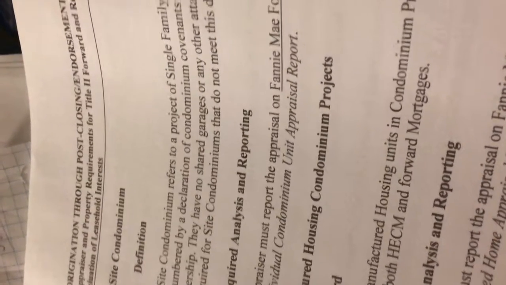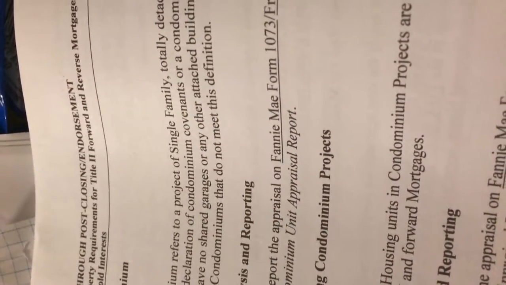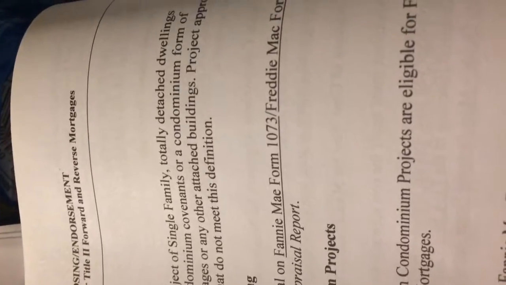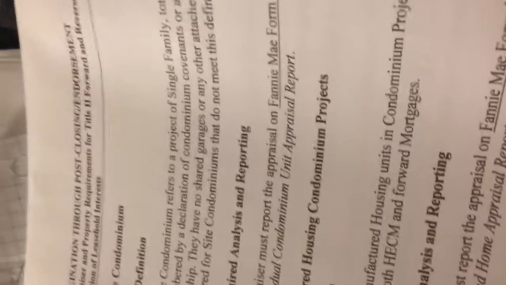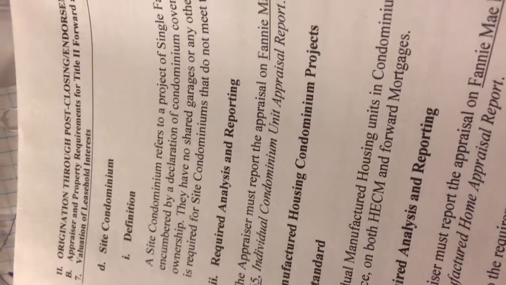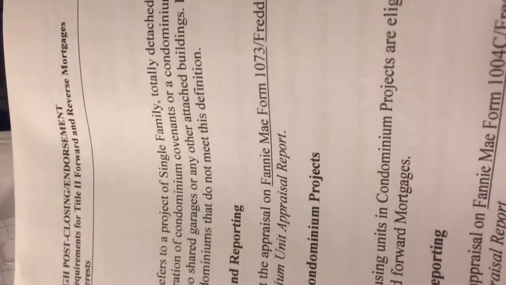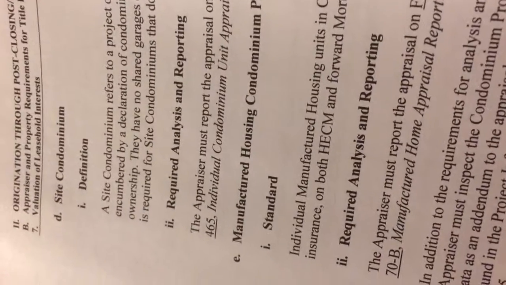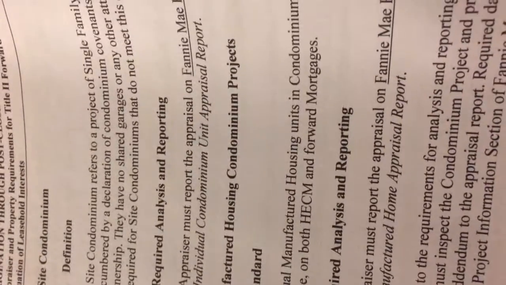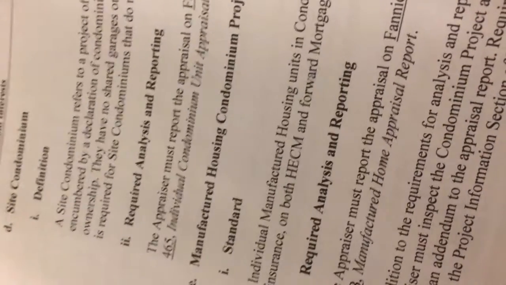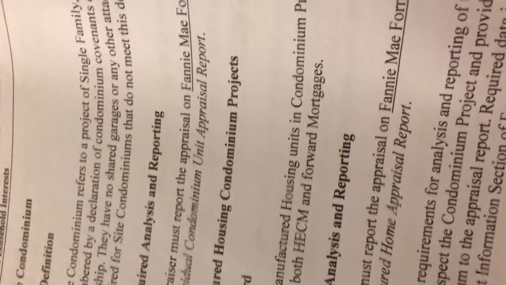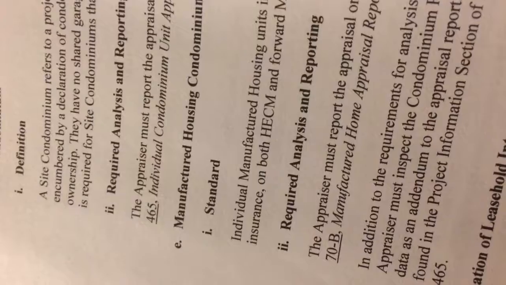They have no shared garages or any other attached buildings. Project approval is required for site condominiums that do not meet this definition. Required analysis and reporting. The appraiser must report the appraisal on Fannie Mae Form 1073/Freddie Mac Form 465, Individual Condominium Unit Appraisal Report.